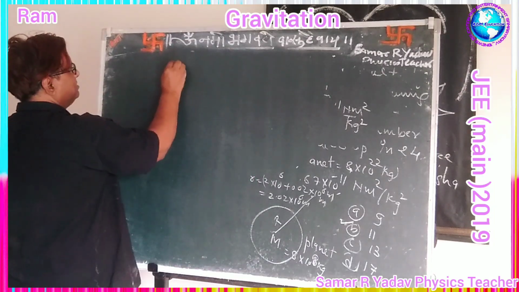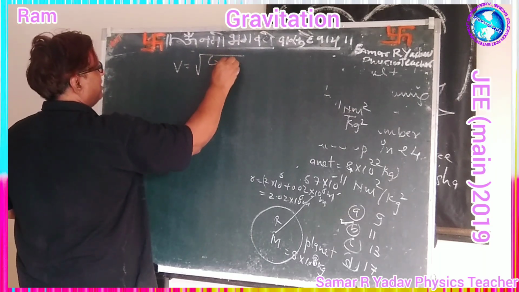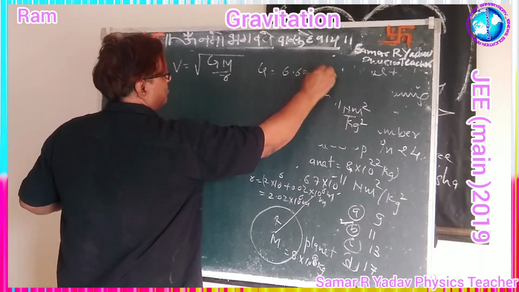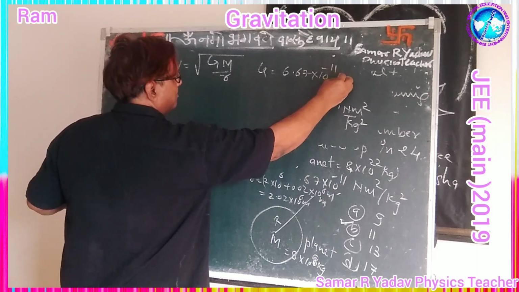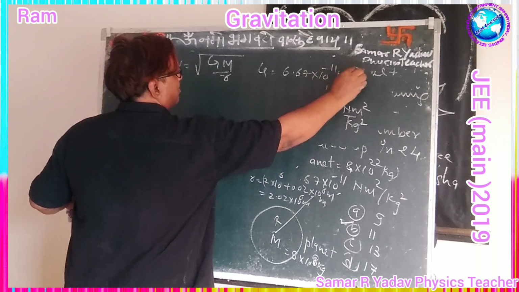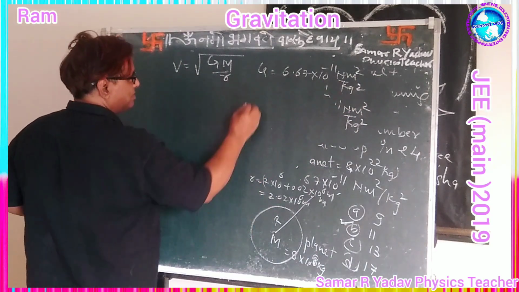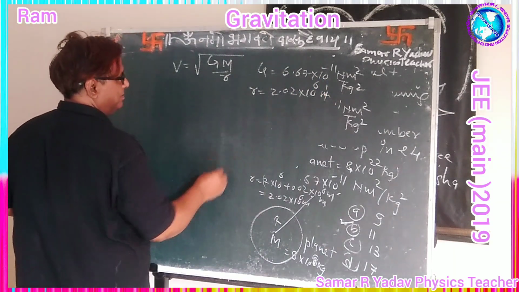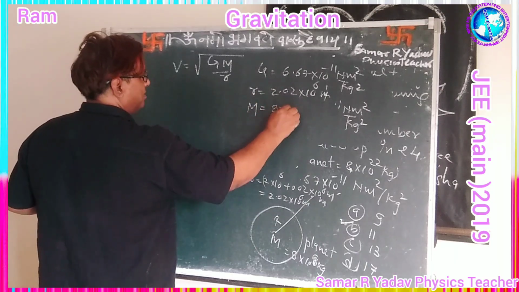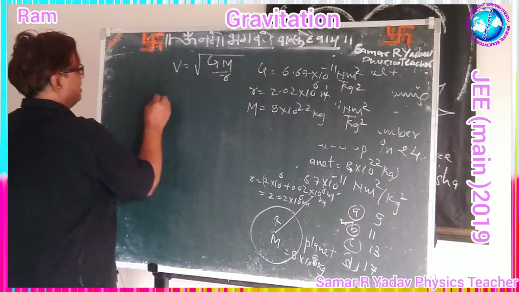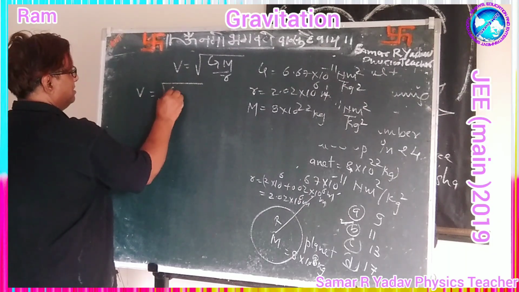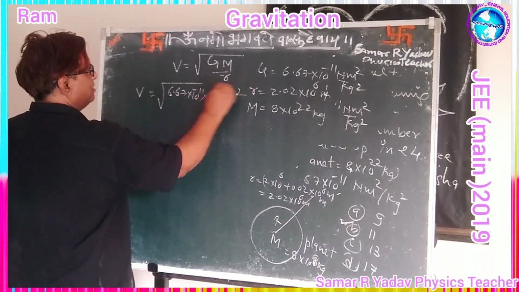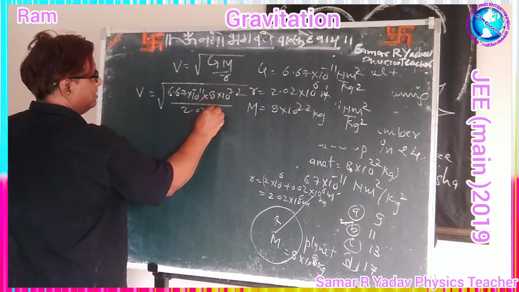Now we obtain that v is equal to under root G M upon R. Capital G is given, that is 6.67 × 10^-11 N m²/kg², and R is 2.02 × 10^6 meter, and mass of the planet is 8 × 10^22 kg. Keeping these values, v is equal to under root of 6.67 × 10^-11 × 8 × 10^22 divided by 2.02 × 10^6.